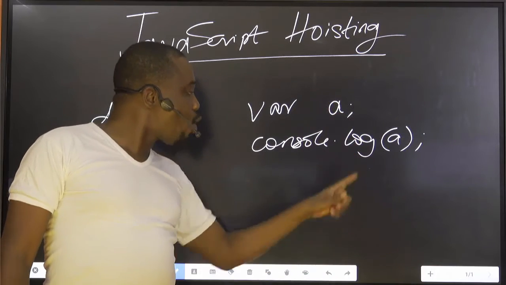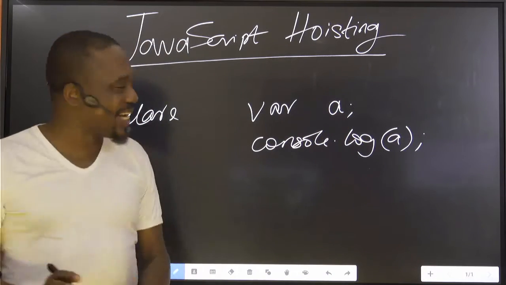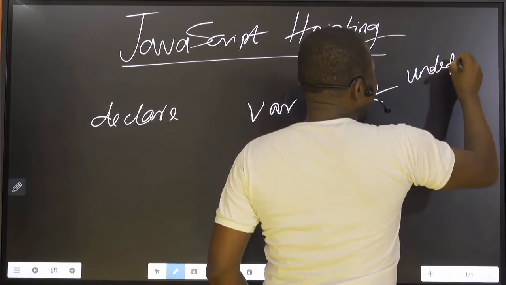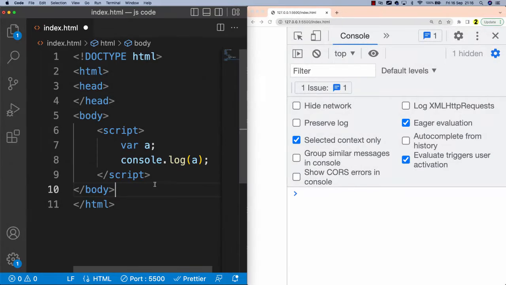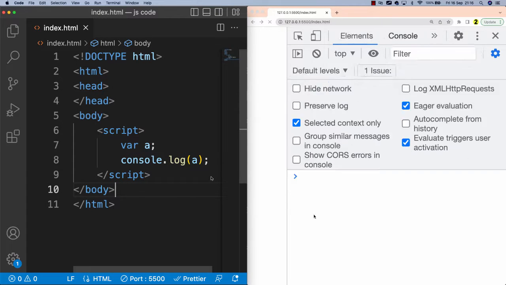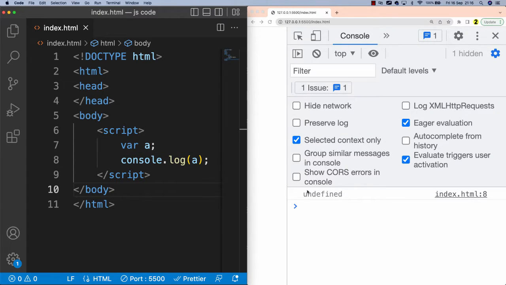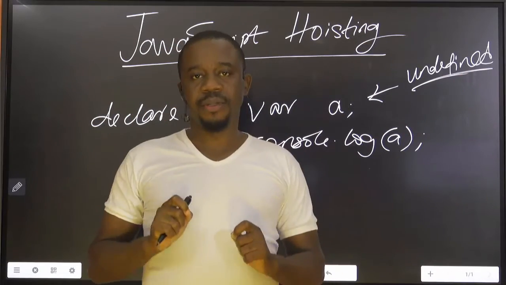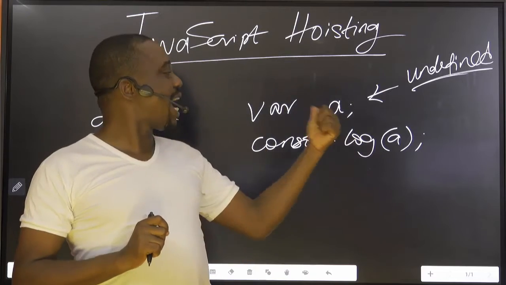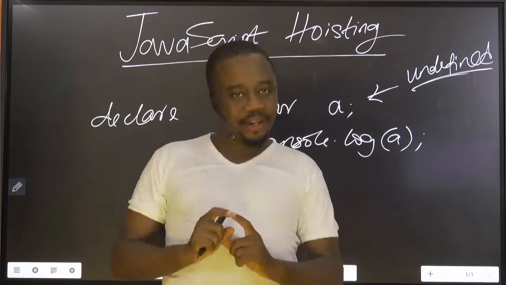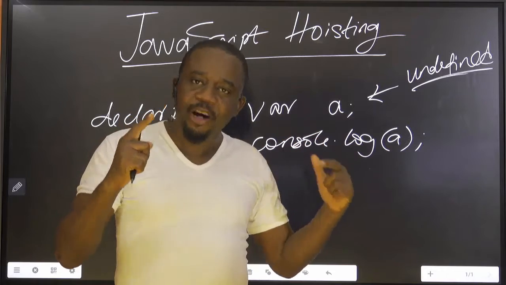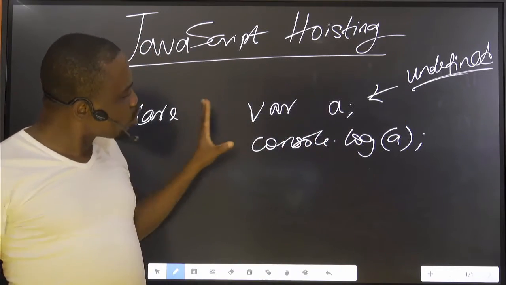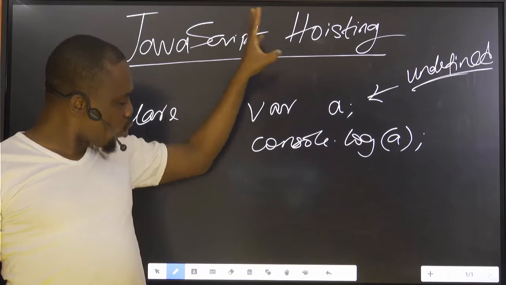So what you are going to see is undefined. Okay, let's confirm that. If we run this now, you can see it's showing us undefined. So any variable that is declared, which has not been assigned any value, will default to undefined.